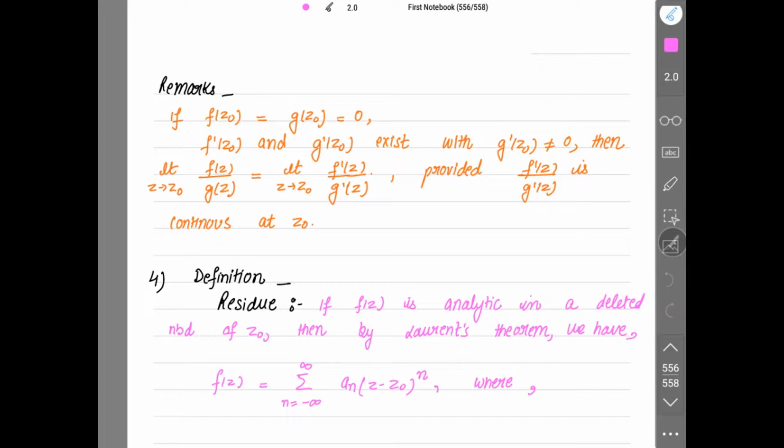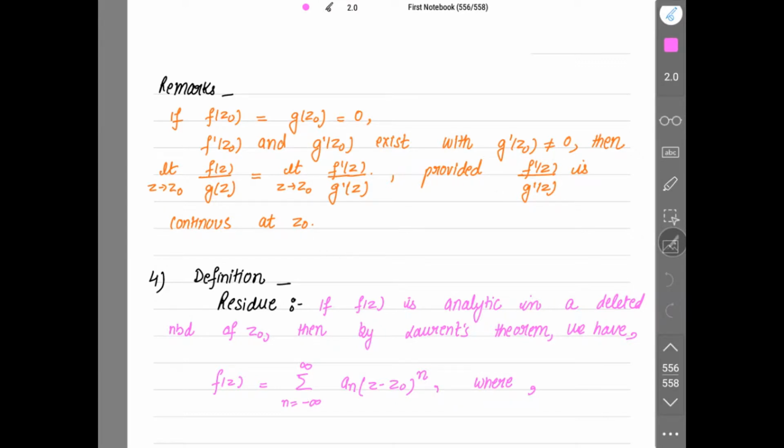There is a very important remark. If f(z naught) is equal to g(z naught) is equal to 0, then their derivatives exist with g dash z naught not equal to 0, then limit z tends to z naught of f(z) over g(z) is equal to limit z tends to z naught of f dash z over g dash z, provided this ratio f dash z over g dash z is continuous at z naught, right?